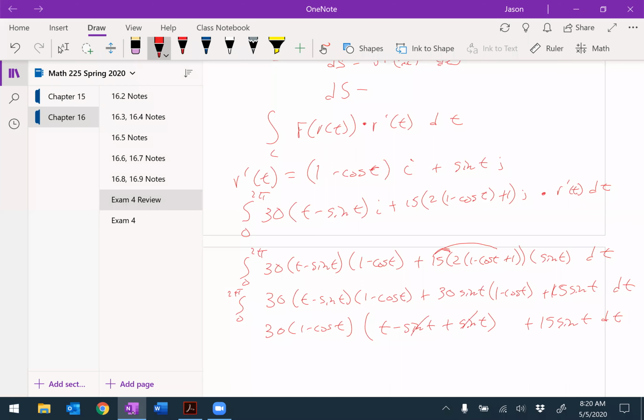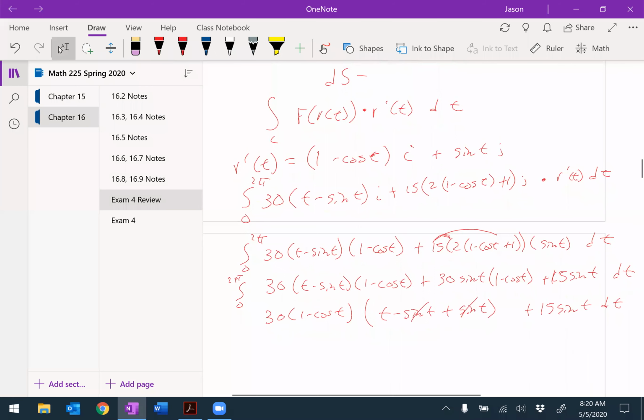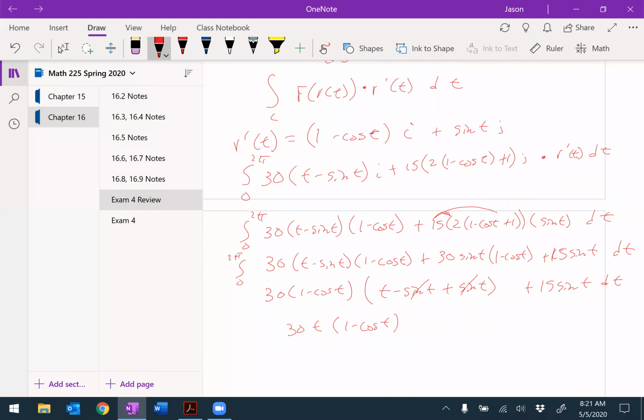The sine t's are going to cancel, leaving me with 30t times 1 minus cosine t plus 15 sine t dt.